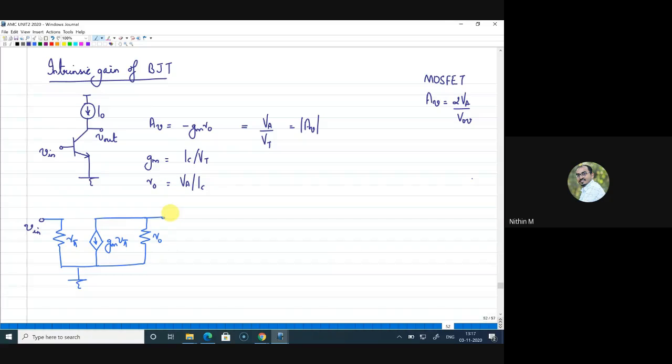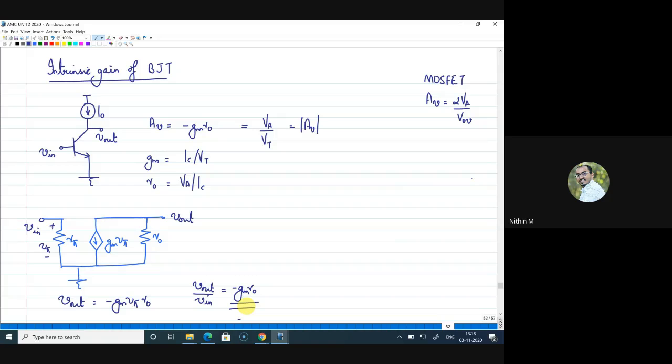The current source is a DC current source. The resistance across a current source is infinity. If that is the case, that can be replaced using an open circuit. So no need to connect anything. You have the current source resistance open, which is in parallel to R naught. Right. So Vin is equal to V pi. So your Vout is equal to minus gm V pi into R naught, or Vout by Vin is equal to minus gm R naught, which is the intrinsic gain of the BJT.